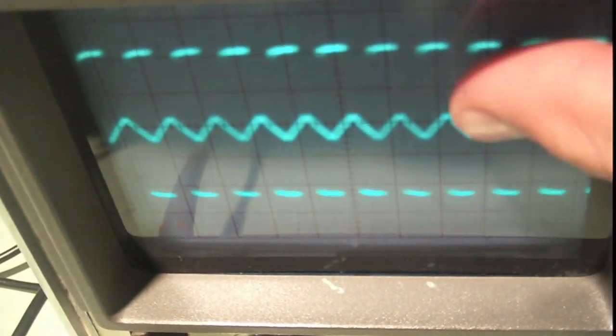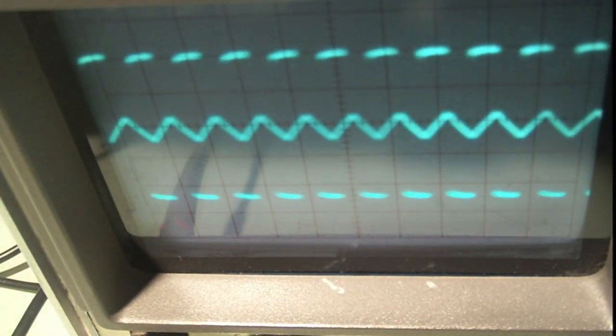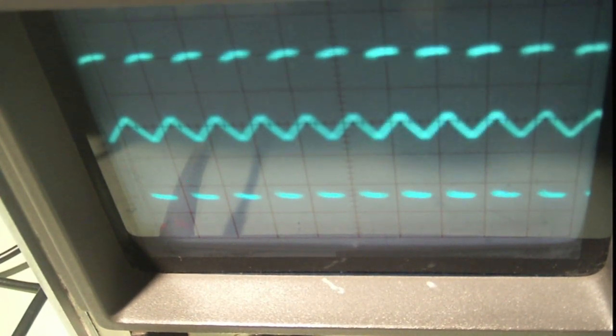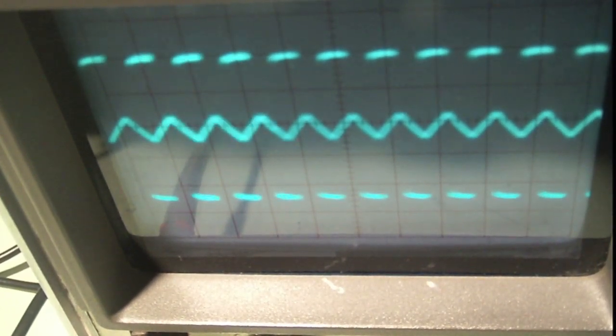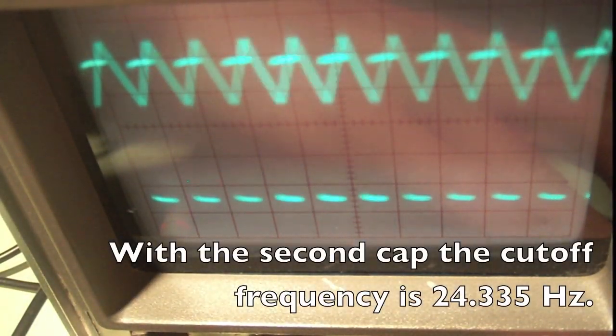Okay, obviously, if you didn't need the 10 hertz on the output, you could increase the capacitance to decrease the cutoff frequency of your filter. For example, if you take note, I'm going to put another 1 microfarad capacitor in parallel, which will give us twice the capacitance. So you see twice the capacitance, and I'm going to turn up the volts per division on the second one.